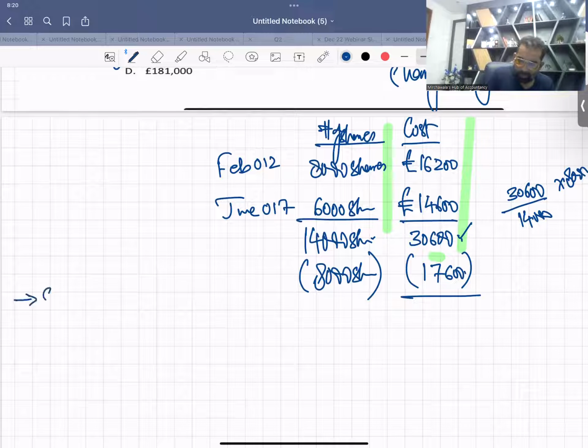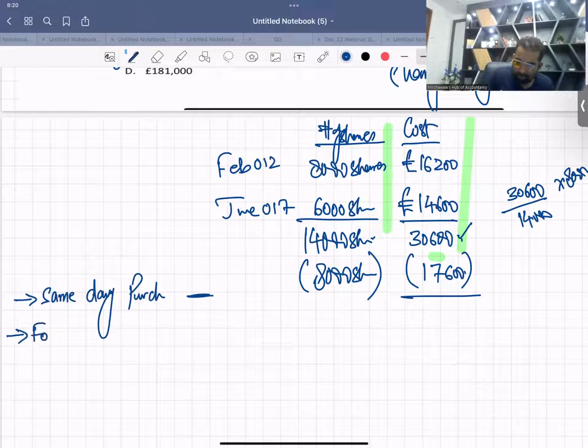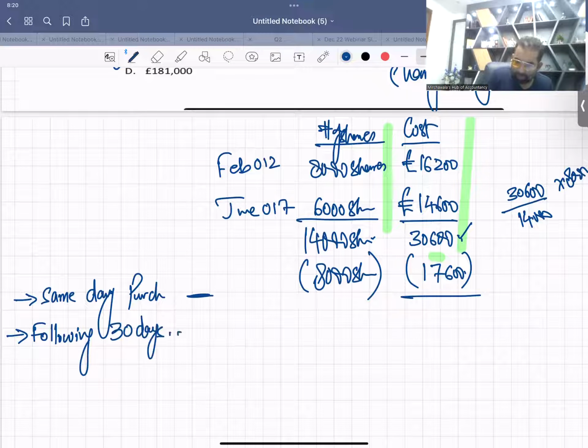Now, in this question, the first step should be same day purchases, right? There is no same day purchase, it's 0. The second step was following 30 days. Following 30 days, there was a cost of 5,800. And then the third step was shares from the pool.